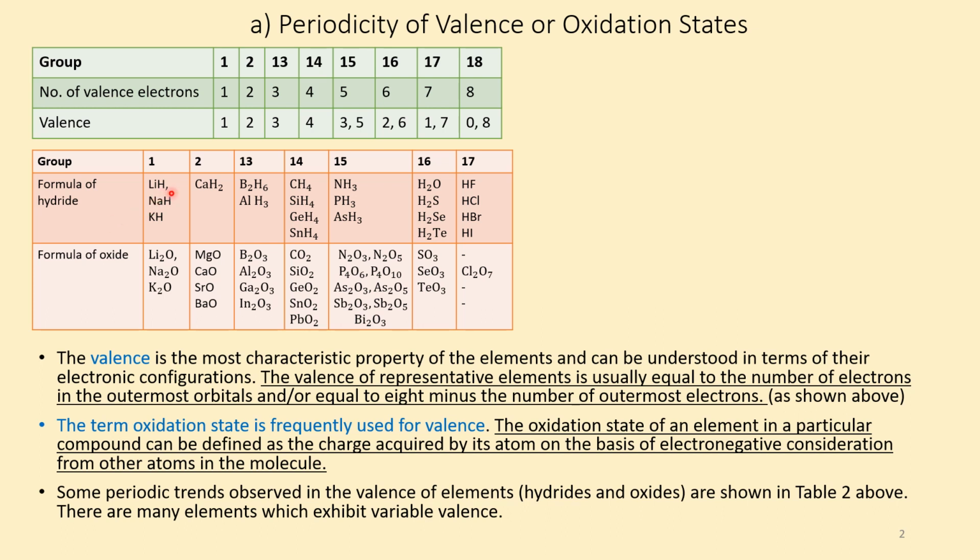You can see here LiH, NaH, KH, etc. for the respective groups. Similarly, the formula for oxide is also shown in the table. Please pause this video and go through each and every element and observe the formulae of hydrides and oxides.